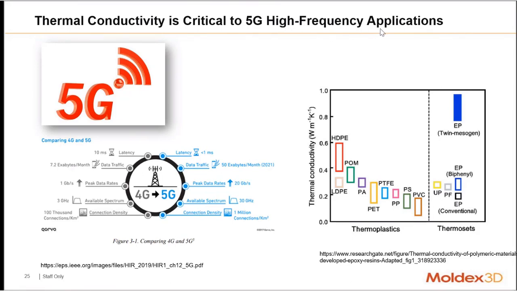So how the heat generated by high frequency applications can be dissipated into the air or removed quickly is very critical. So thermal conductivity is important for 5G applications, even for polymers.